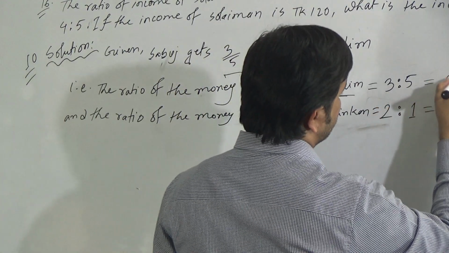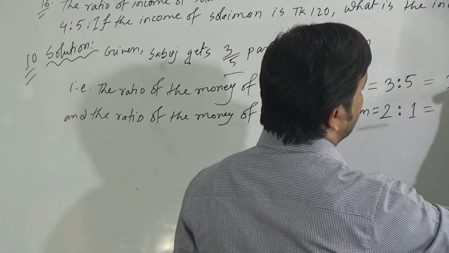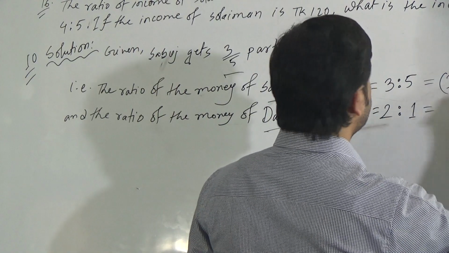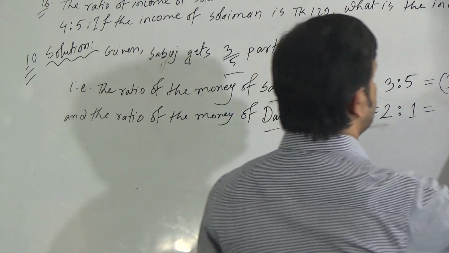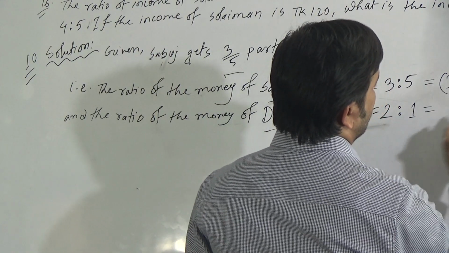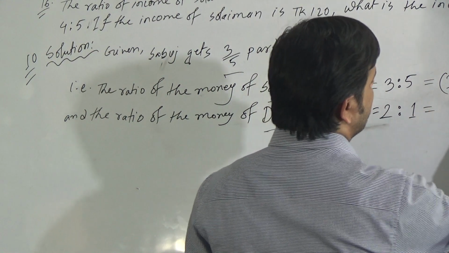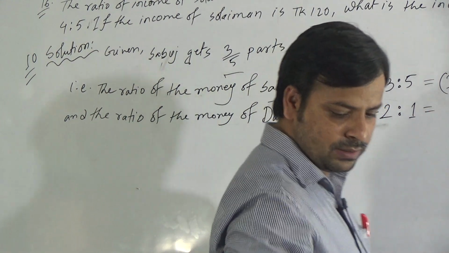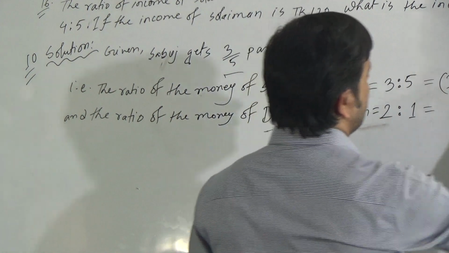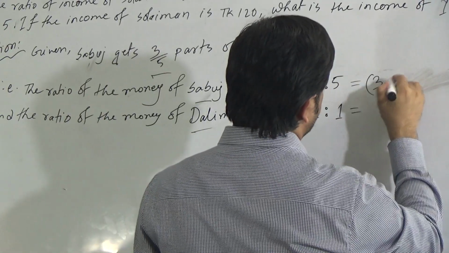So we can write here 3:5, then multiply by 2, and we can multiply both the quantities separately.